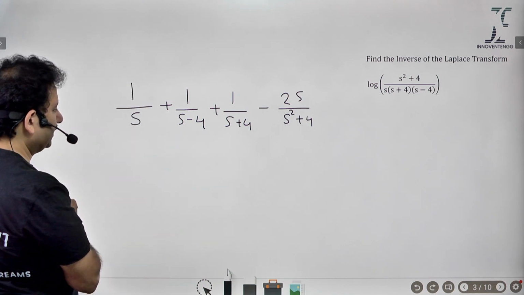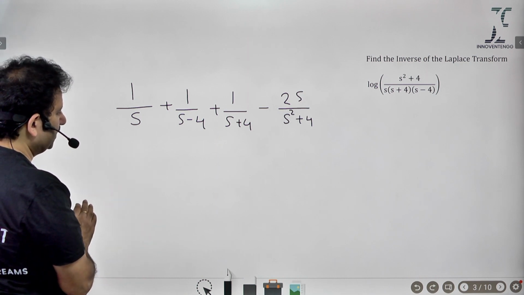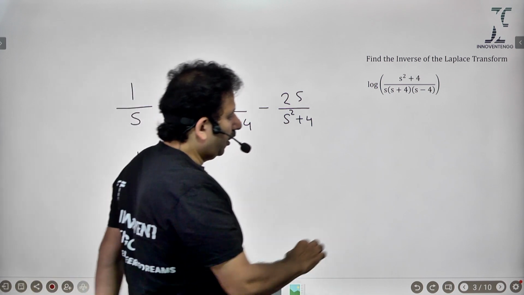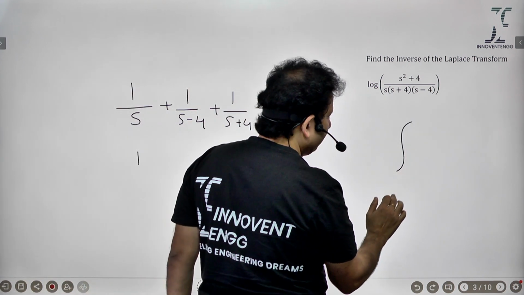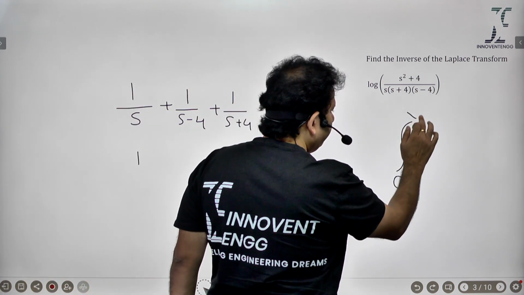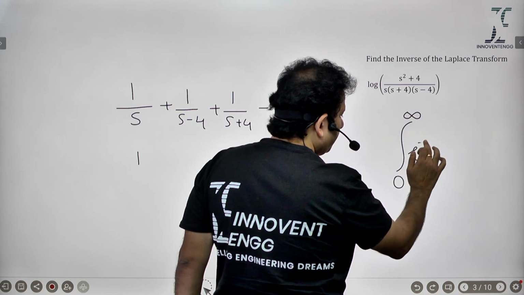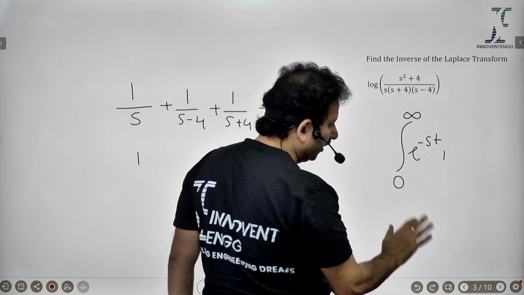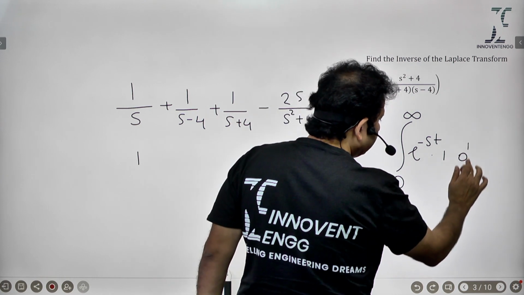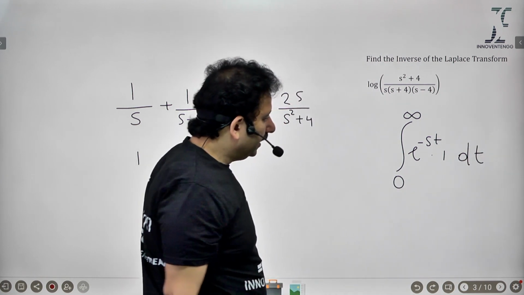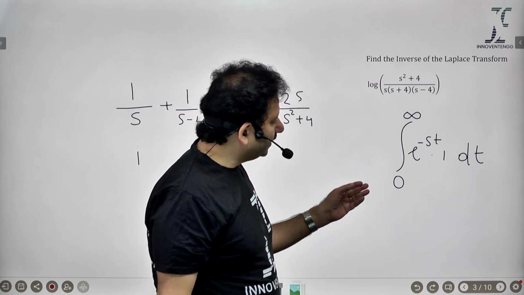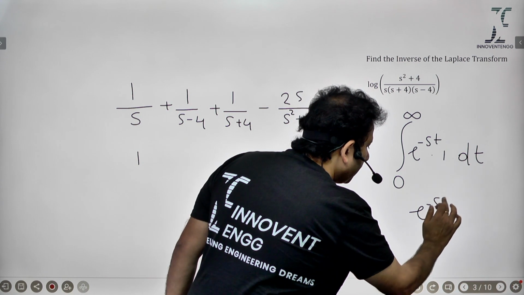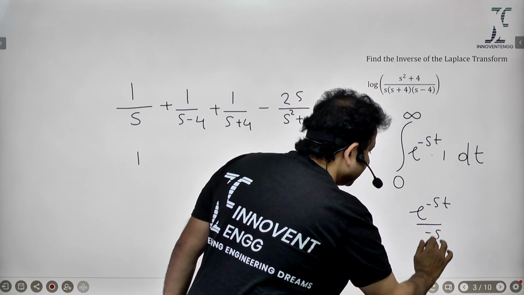So 1 by s, if I take the inverse Laplace transform, what would you get? You will get a constant 1, because you observe this carefully, we have done this several times. 0 to infinity, Laplace transform of any function is e power minus st multiplied by that function, 1 in our case, and integrate with respect to t. This is equivalent to integrating only the exponential function, which turns out to be e power minus st by minus s.